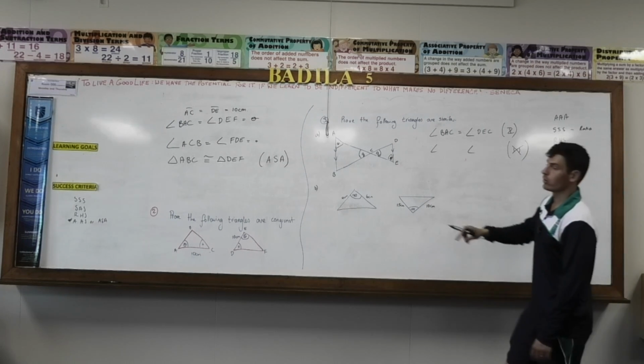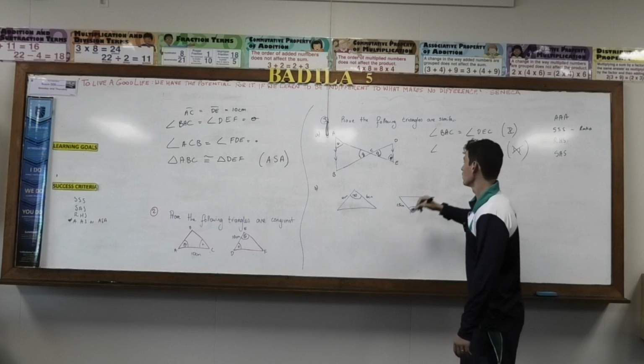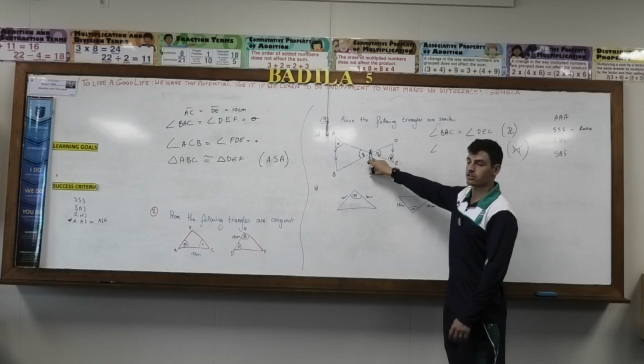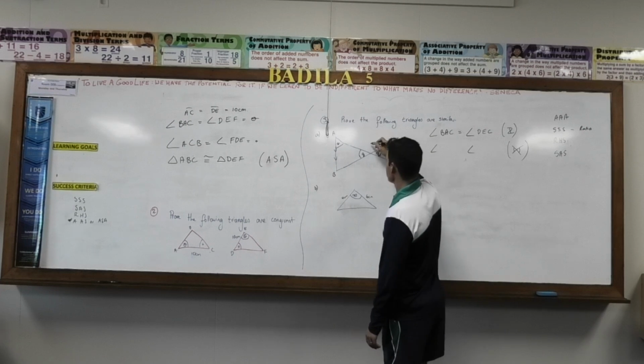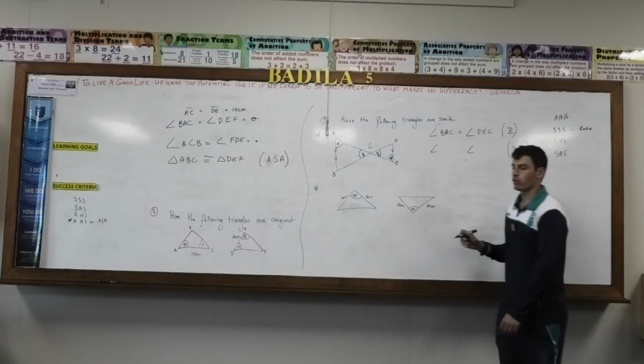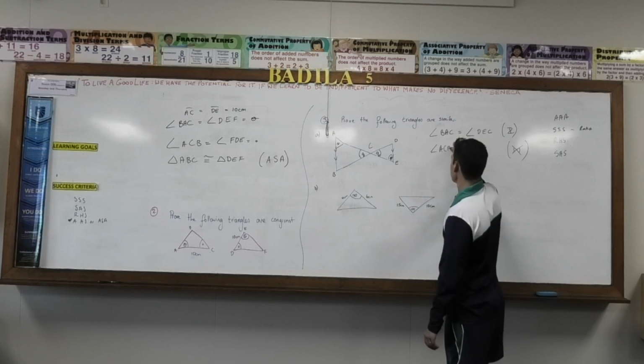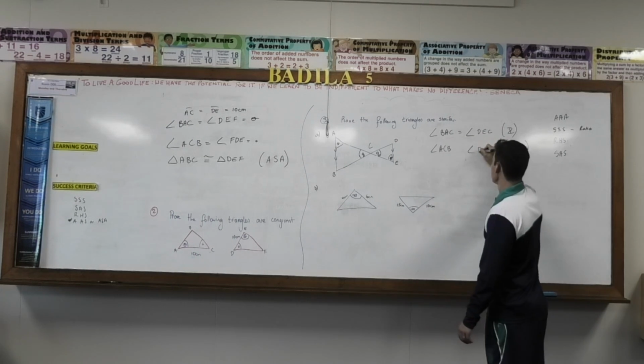What angle do I want on the left-hand triangle? What's the vertex that I want the angle on? Can you read that at all? It's the C. Do you want to help her out, Imogen? Angle ACB equals? Very good.